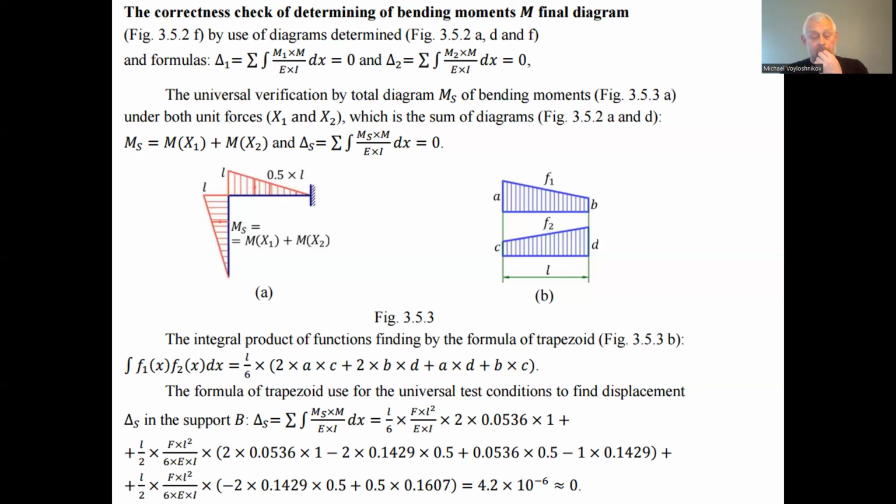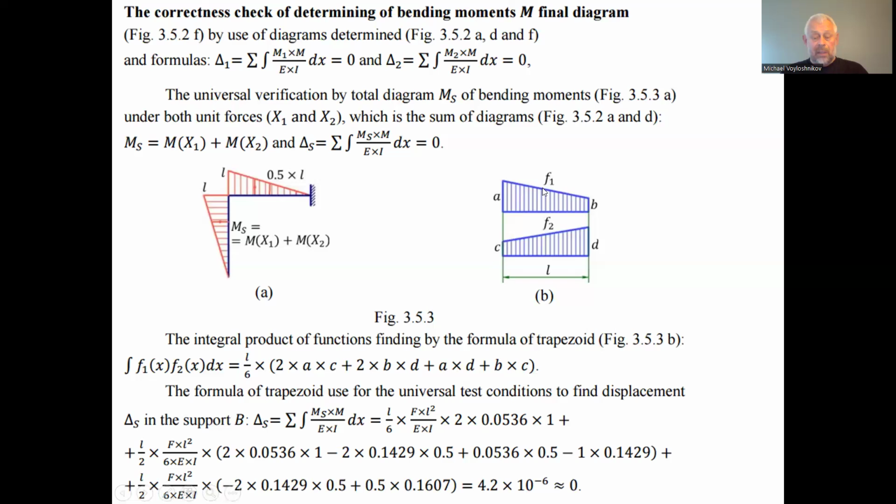So to solve this integral, we can use, as considered in the previous article 3.4, the Vereshchagin rule, or we do not use the Vereshchagin rule and use the method of finding the integral of a product of functions if these are two linear functions.